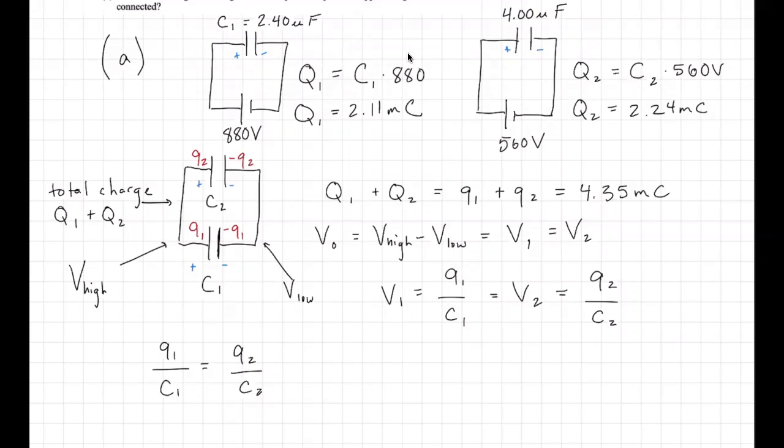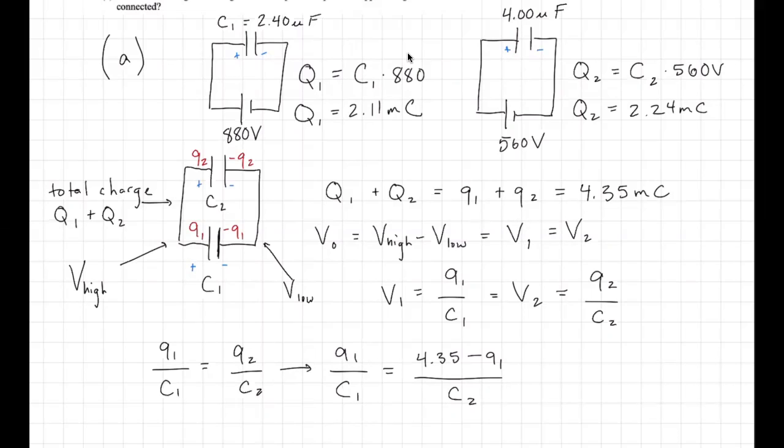So this is the same thing as saying Q1 over C1 is equal to 4.35 minus Q1 over C2. I've just rearranged this equation, solved for Q2 and substituted it here. So all it's saying is that Q2 is equal to however much charge you have left over once you subtract Q1 from the total charge. And then this is just an equation that can be solved.